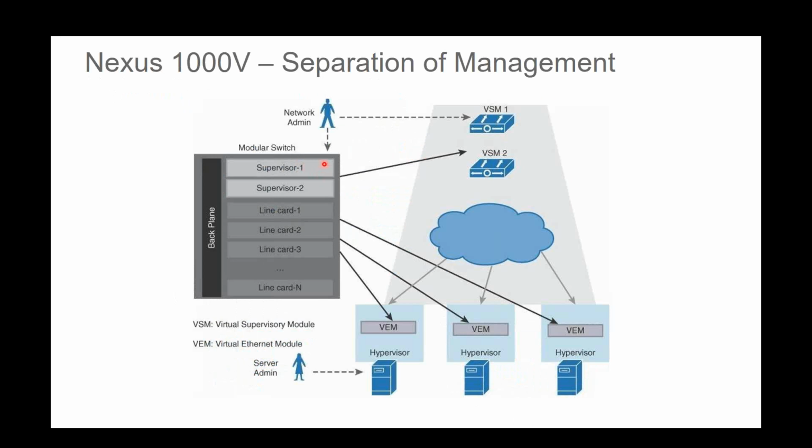So your Nexus 7000, you think the SUP 1, SUP 2, these are actually going to be VSMs on your VMware hosts. Ideally, since they're each a separate OVA, you'll have them on separate VMware hosts in your cluster. And then each of your line cards are the virtual Ethernet modules, which is actually just a VIB that installs and runs on each of your hosts.